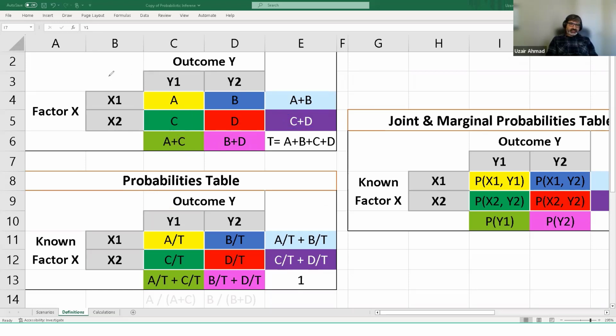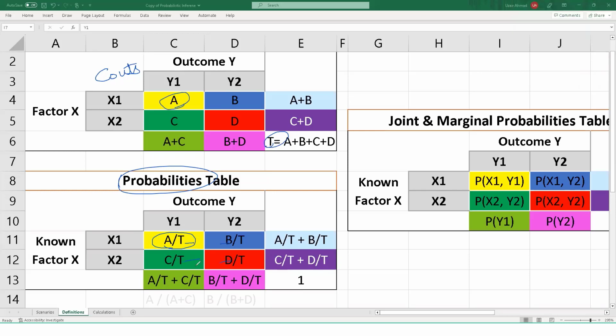We can convert this counts table into probabilities table by just taking some fractions. A divided by total number of observations is going to give us the joint probability of observing X1 and Y1 together. So in these four cells, we have joint probabilities.